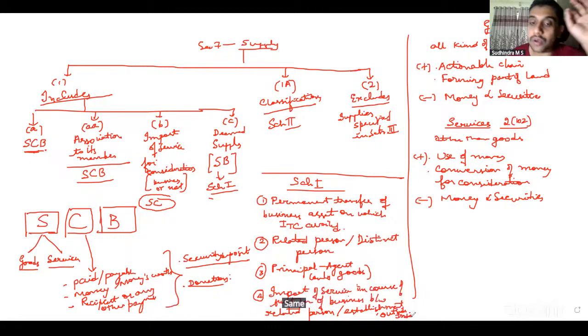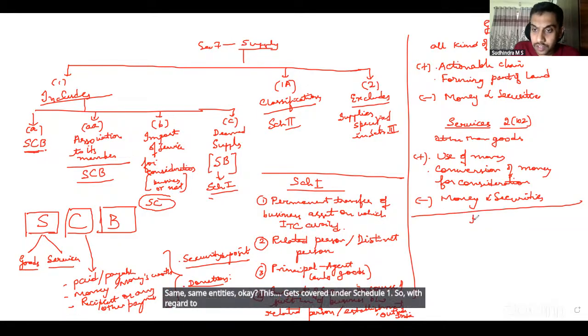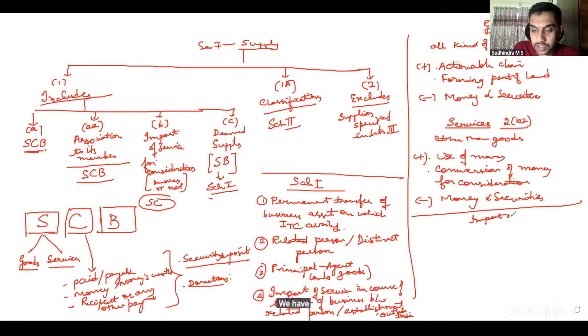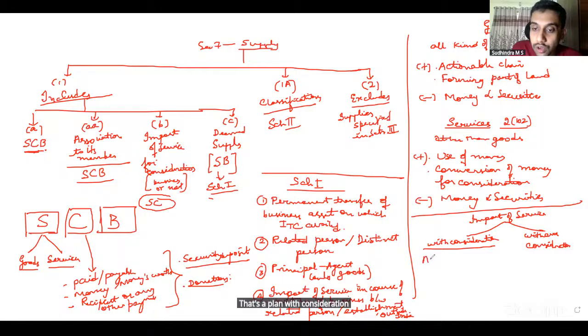This gets covered under Schedule 1. So, with regard to import of service, we have two discussions: one with consideration, one without consideration. With consideration, it is always a supply.